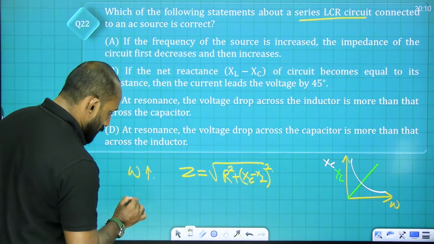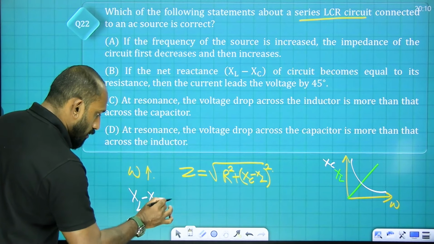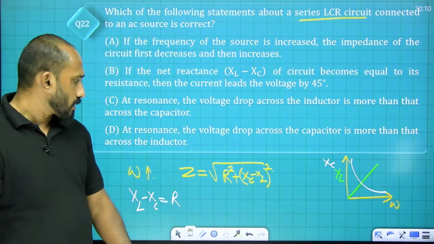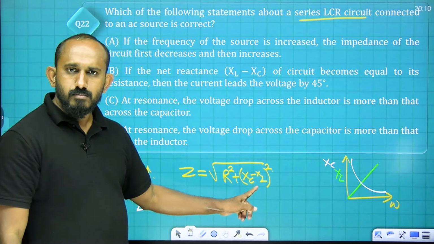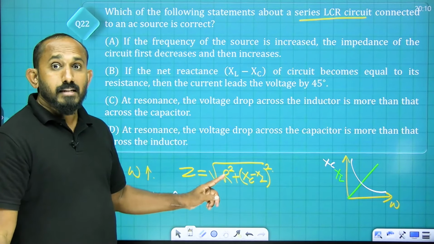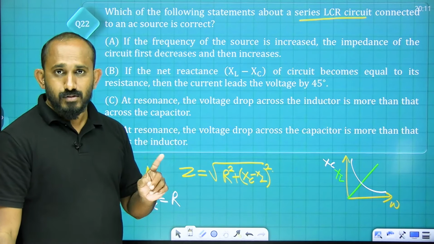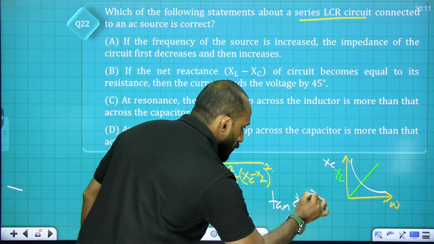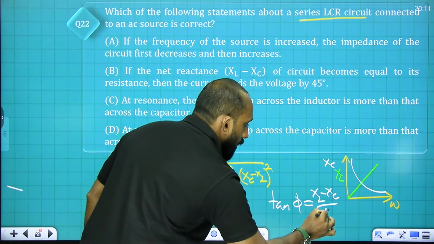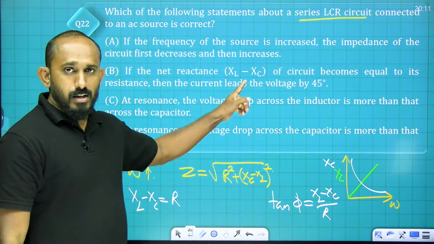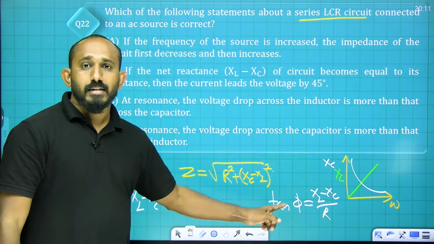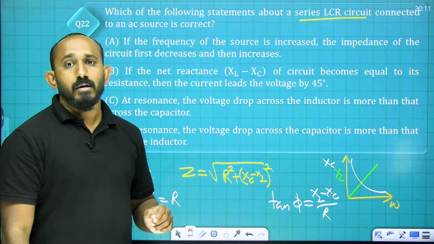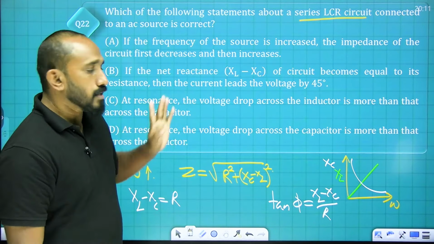Here tan phi is equal to (XL minus XC) by R. If XL minus XC and R are both equal, then tan phi equals 1 and phi will be pi by 4. So this is exactly correct.